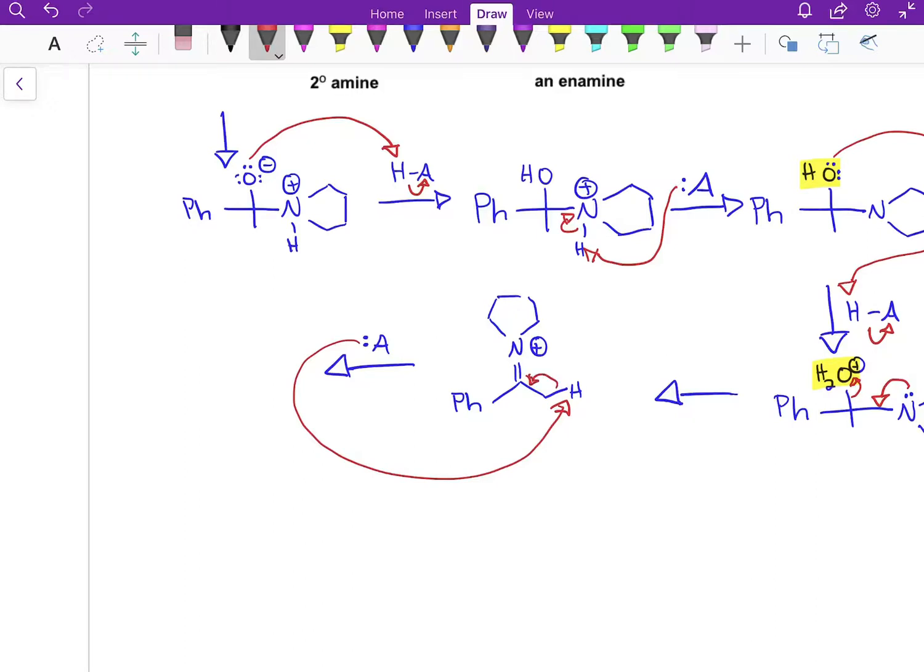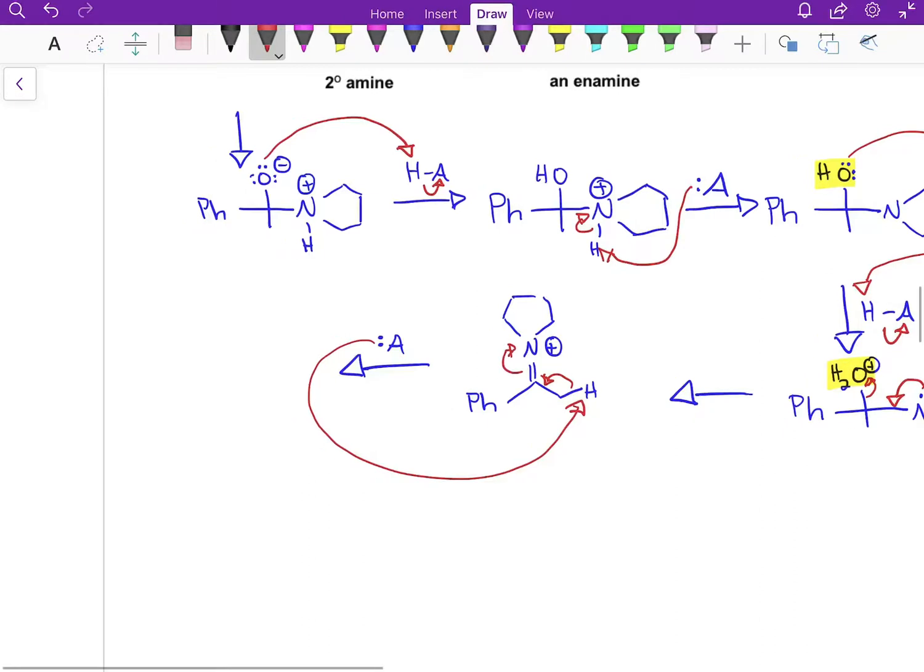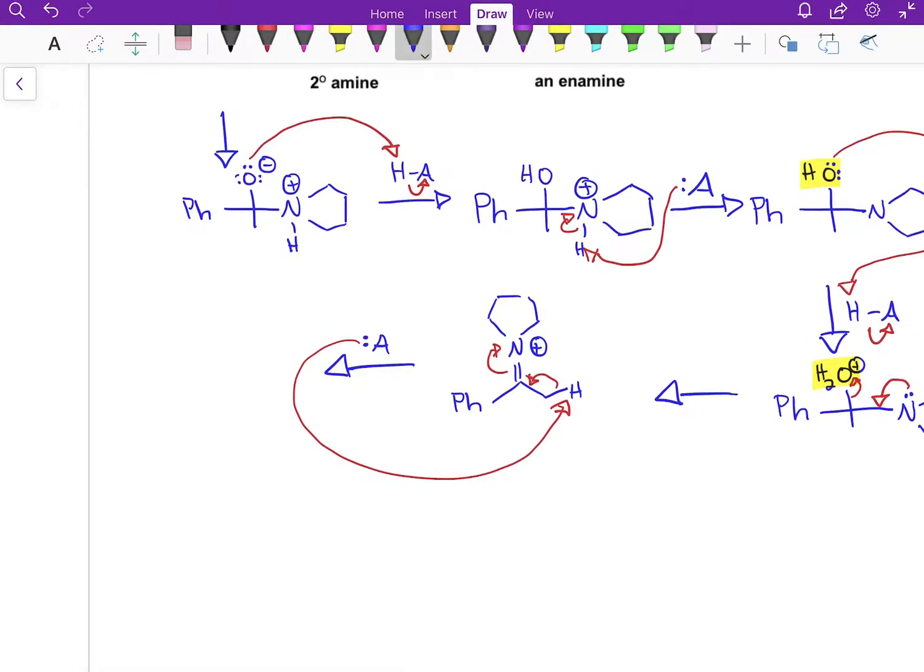This is going to come here. And this is going to push this up. And this will give you your enamine. And that's your enamine.